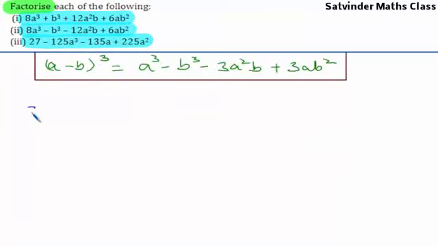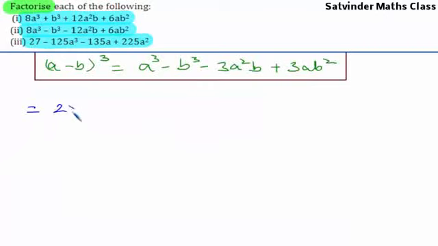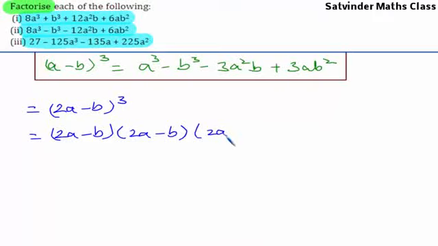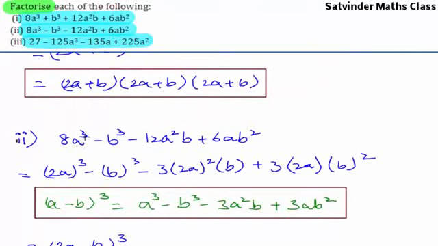Therefore, we can write this entire thing as 2a minus b whole cube, which is nothing but 2a minus b into 2a minus b into 2a minus b. These are the required factors of the polynomial 8a cube minus b cube minus 12a square b plus 6ab square.